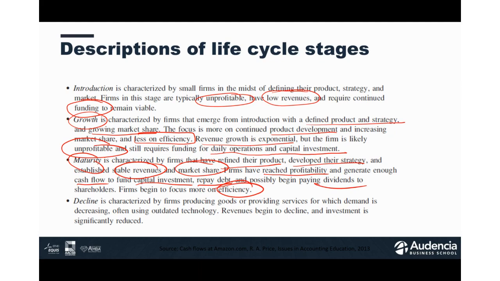So normally at the stage of the introduction and the growth, you don't distribute dividends and you don't repay too much debt. You have more new debt than repayment of debt. At the stage of the maturity, it's totally reversed. Now you have an excess of cash. With the excess of cash, you can finance new activities and you can also repay the debt and distribute dividends.